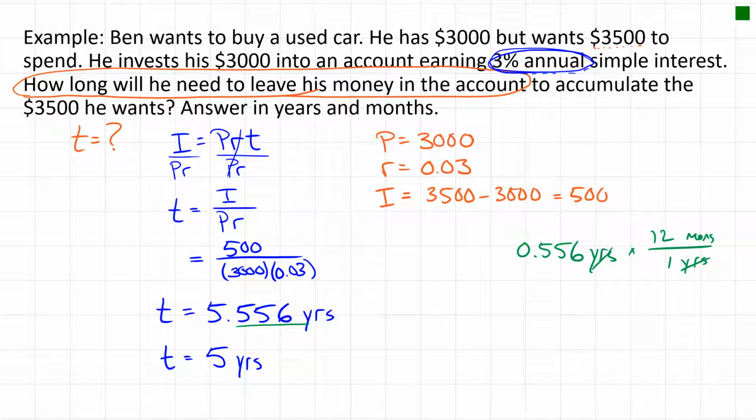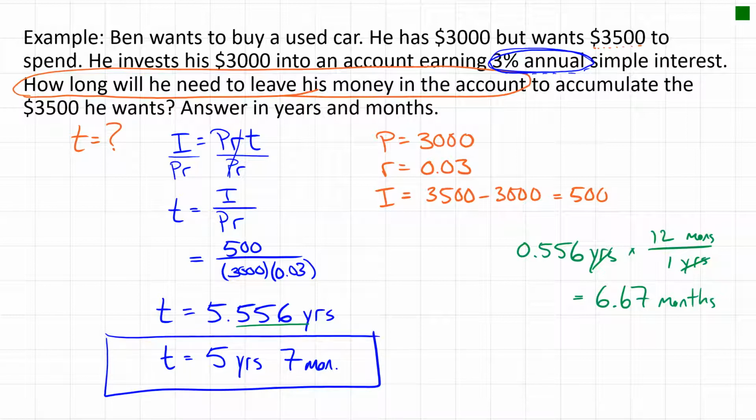So multiply that decimal by 12, and we get 6.67 months, which we will round up to 7 months. So this would be 5 years and 7 months.